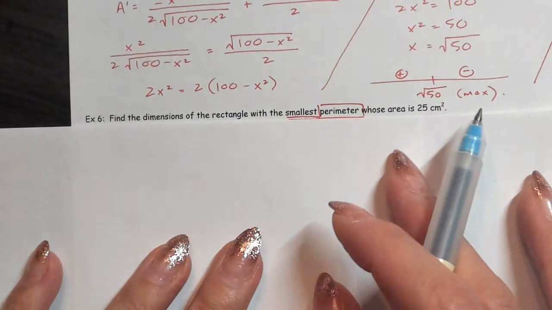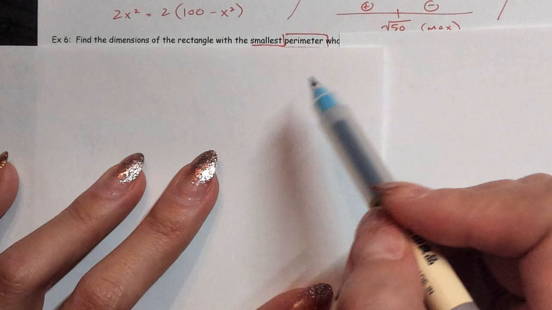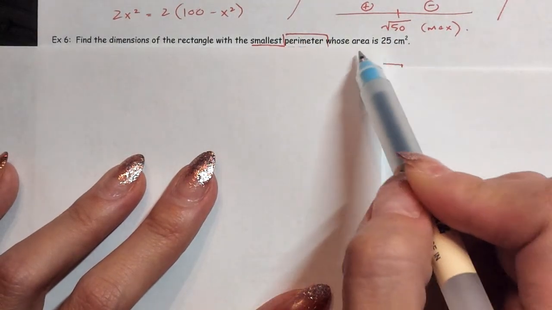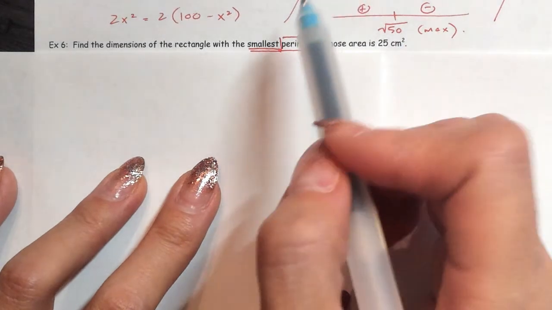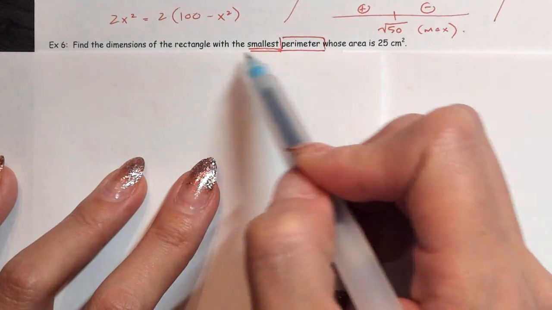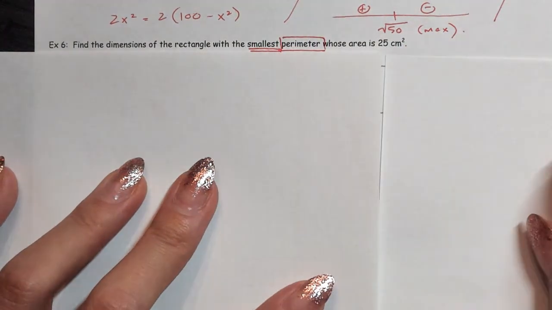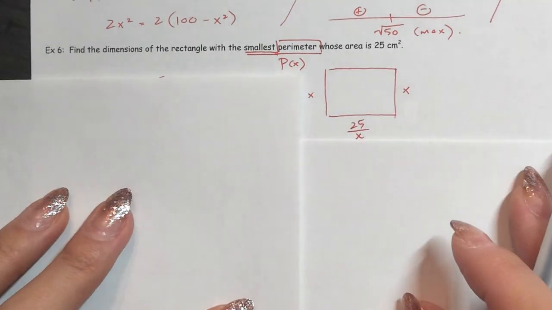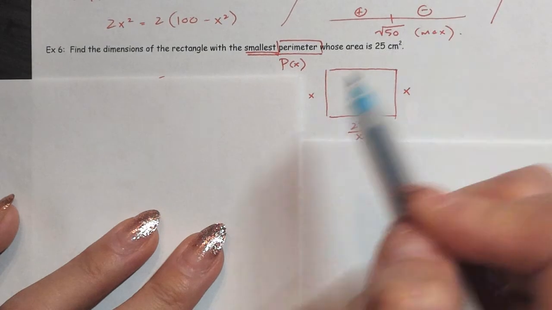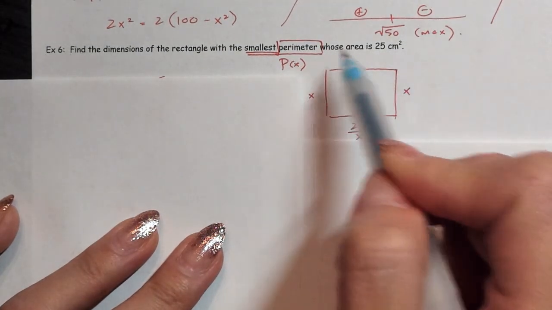All right, last one. Find the dimensions of a rectangle with the smallest perimeter whose area is 25 centimeters squared. I want the smallest perimeter, so the perimeter formula is how I'm going to start, okay? So I have a whole rectangle.